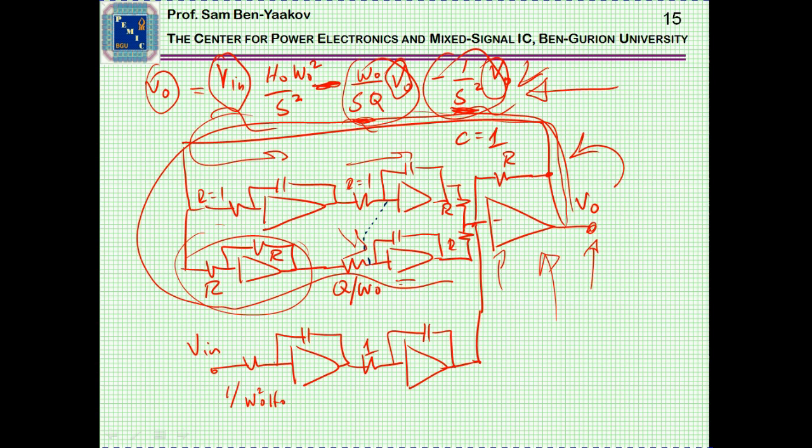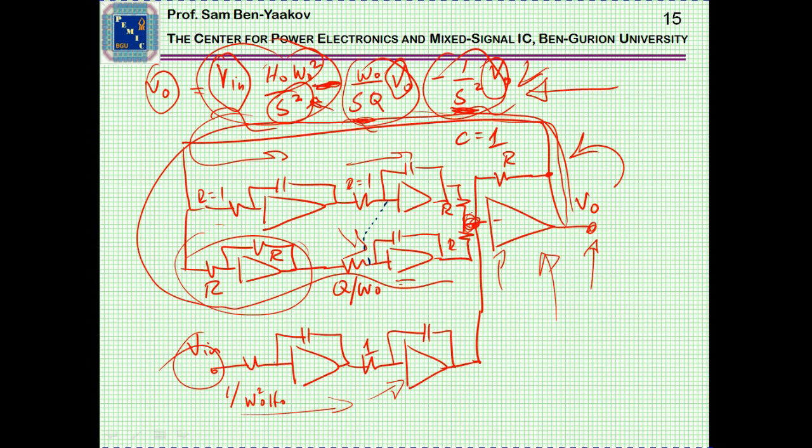Now we have to add to it this expression here, which is a function of V in. So here we have V in coming through an integrator with some constant, which is this constant. And then we go through another integrator to get the double zero here.